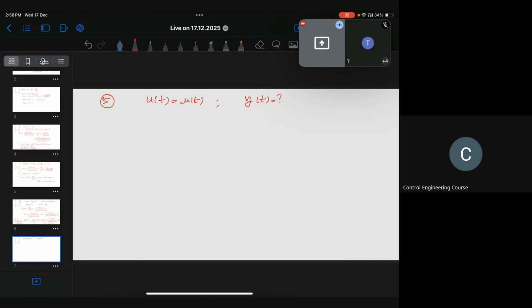From Y(s) equal to G(s) multiplied by U(s), here U(s) is nothing but 1 by s, so we can write this as (-10s - 3) by (s + 1)(s² + s + 25) times 1 by s.